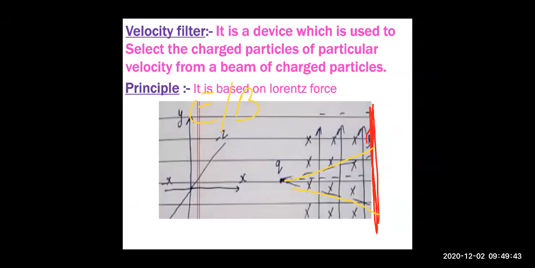You can see that their direction has changed. But the particle with velocity E by B is the blue one, which is passing straight away through the electric and magnetic field. And here we can collect them at the screen, right? And particles of other velocities will be collected at other places on the screen.